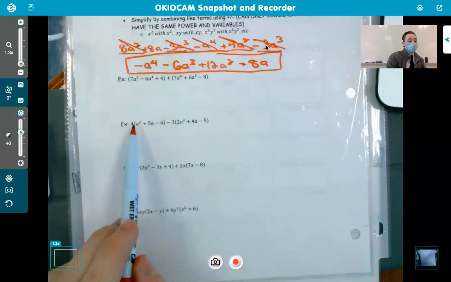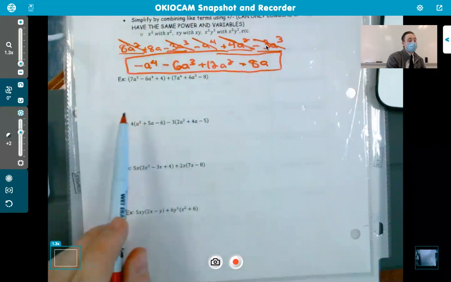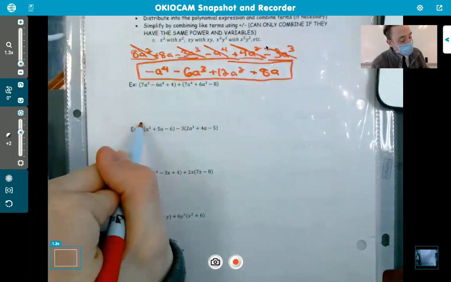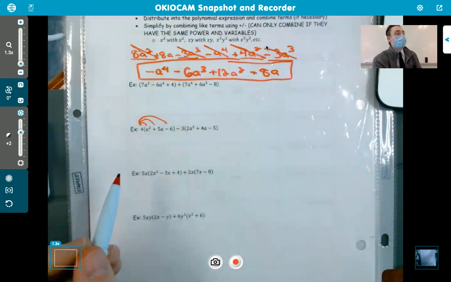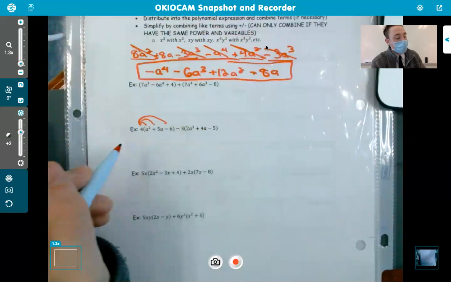Notice that I have a 4 and a negative 3 in front of each of those terms there. I'm going to start by distributing into those terms. So I'll distribute the 4 to each of these terms. And what happens to my expression now? What happens when I distribute that 4? What are each of those terms going to become?